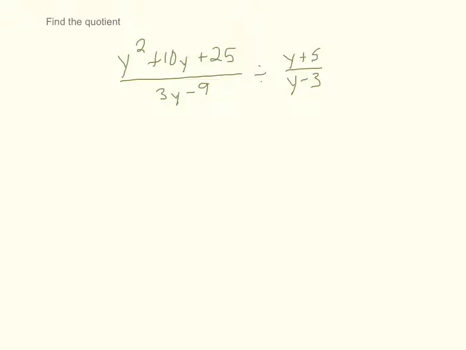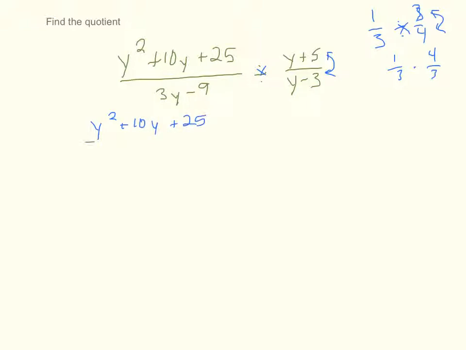Next, we are going to find the quotient, and think about when you would divide fractions. 1/3 divided by 3/4. You would switch or reciprocate these two and change this to a multiply. So you'd put 1/3 times 4/3, and then you'd multiply straight across again. We do the same thing in this type of question. So we're going to simply take these two, flip them over, and change that to a multiply. y squared plus 10y plus 25.